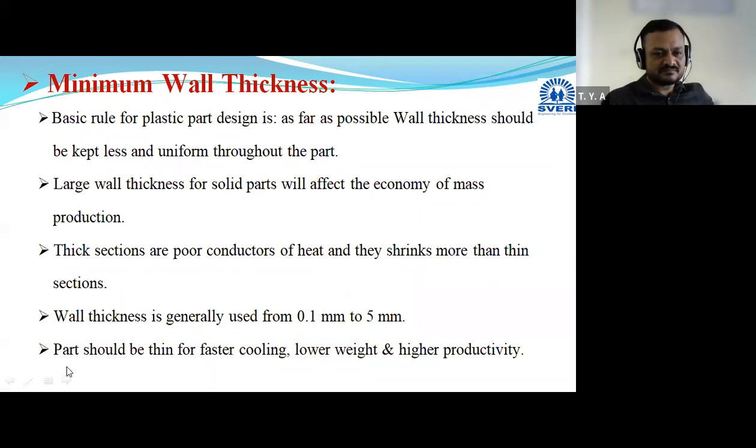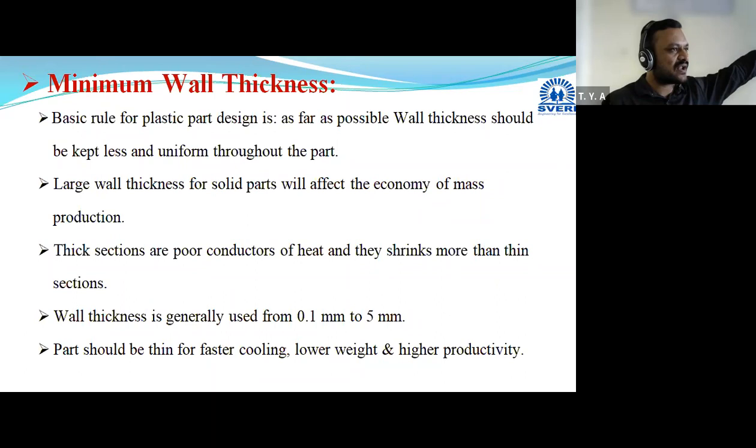And parts should be thin for faster cooling, lower weight, and higher productivity. This is just the summary of whichever part I have explained. You can write this summary and write the reasons by writing some formulas.